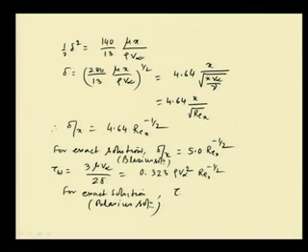There, tau w is a little bit different, it is 0.332 into rho V infinity square into Rex to the power minus half. Okay.